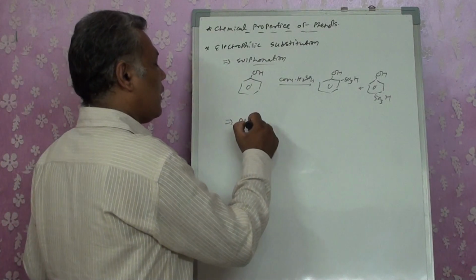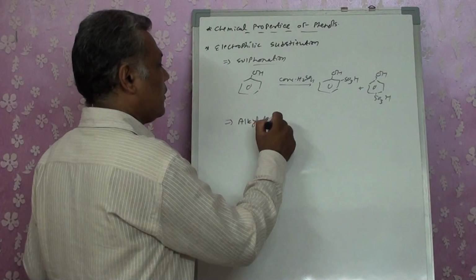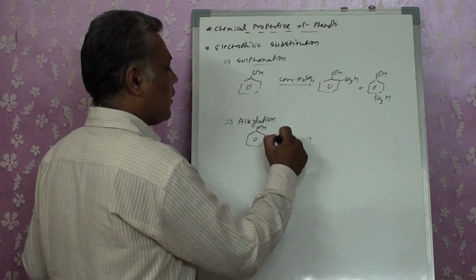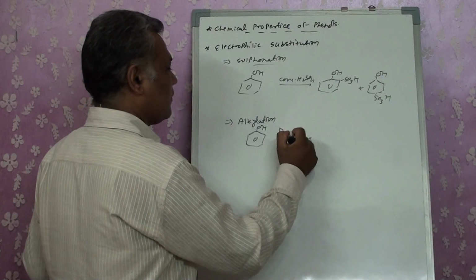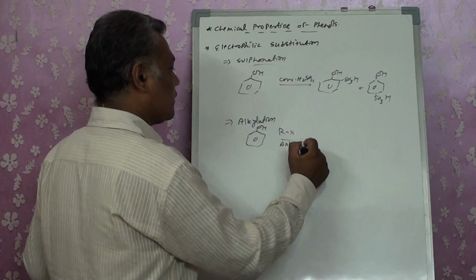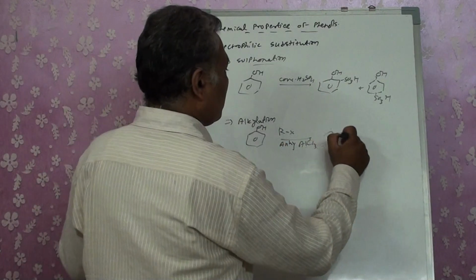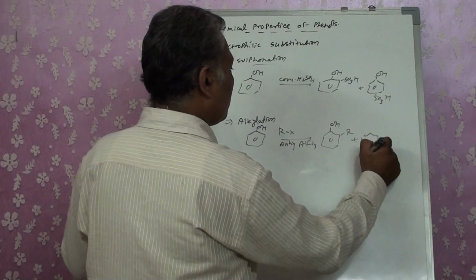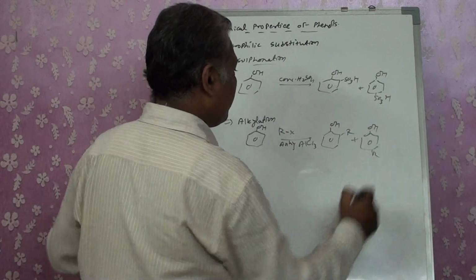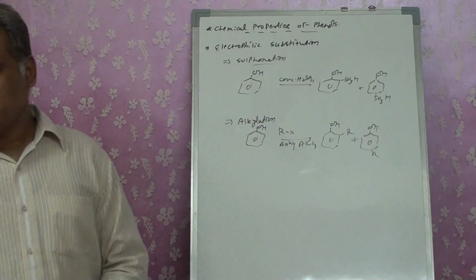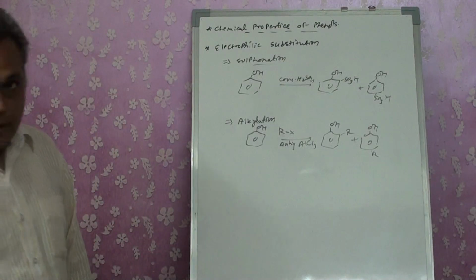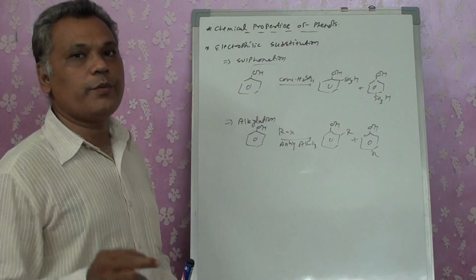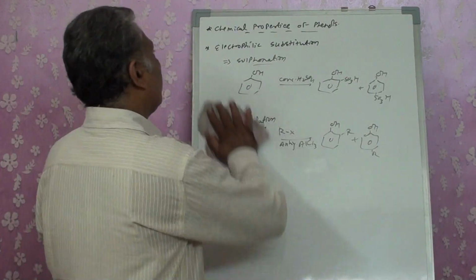If I go for alkylation, I get phenol with RX in presence of anhydrous AlCl3, the Friedel-Crafts reaction, giving OH with R at ortho plus para. In this case we get ortho plus para, right? So for the rest of the electrophilic substitutions there are no exceptions; only nitration and bromination were the exceptionals, right?